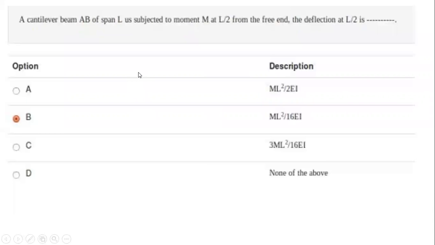A cantilever beam AB of span L subjected to moment M at L by 2 from the free end. Find the deflection at L by 2.